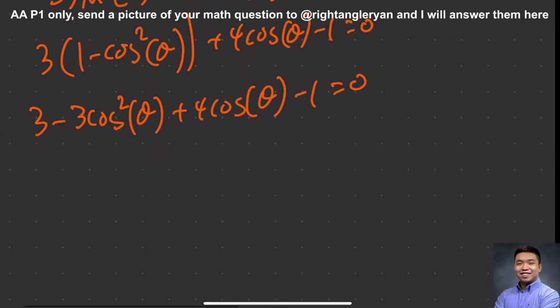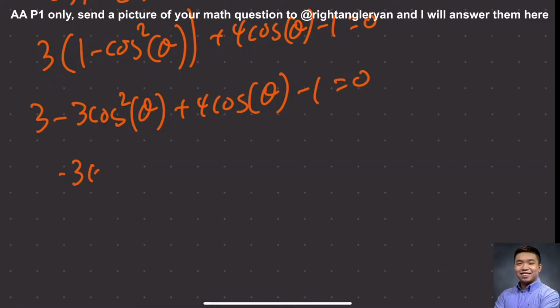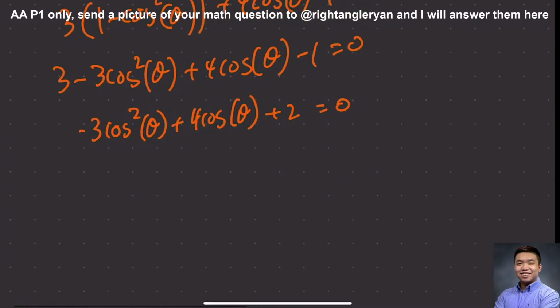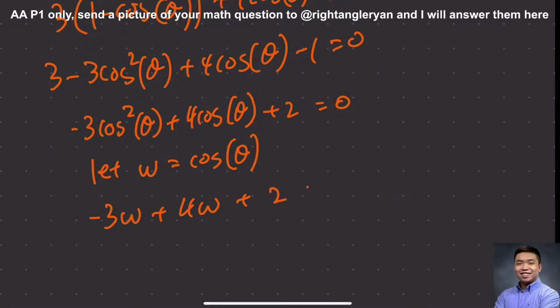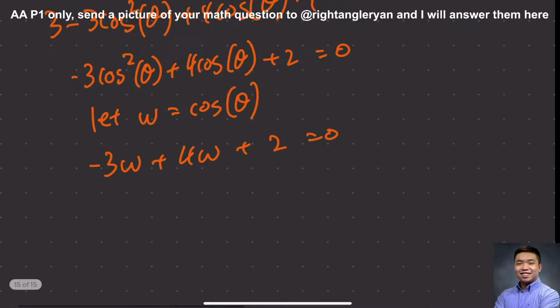So if that's the case, then minus 3 cosine squared theta plus 4 cosine theta plus 2 is equal to 0. And then we let w equal cosine theta. So we have minus 3w squared plus 4w plus 2 is equal to 0. Negative 6.